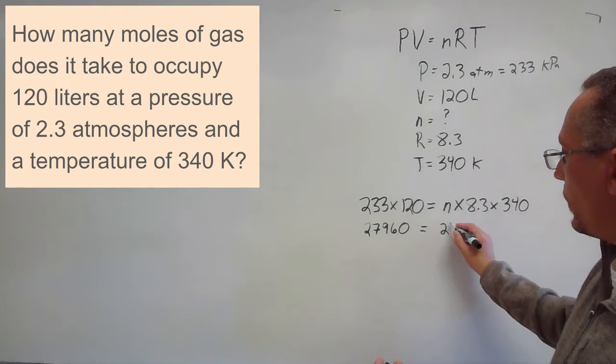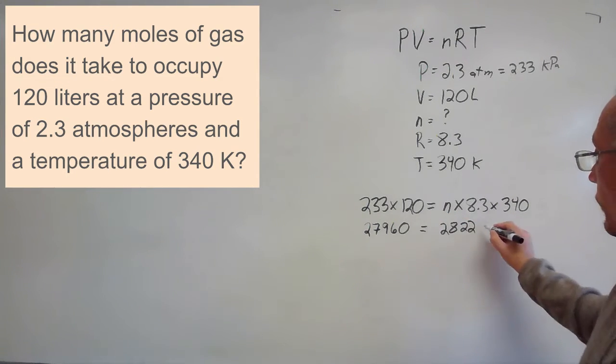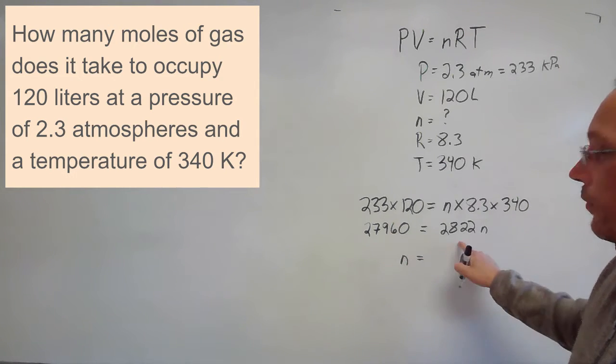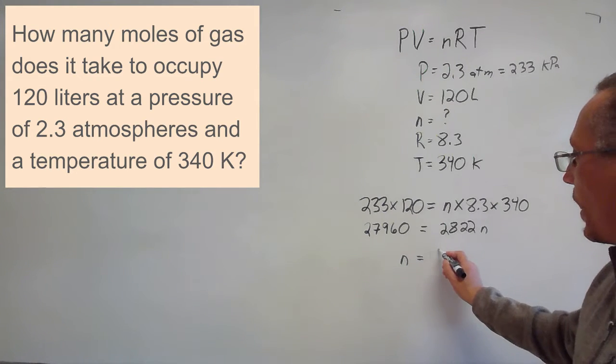I get 2822, and I also still have an N here. And then I will divide both sides by that 2,822 to get my answer. There I get about 9.9.